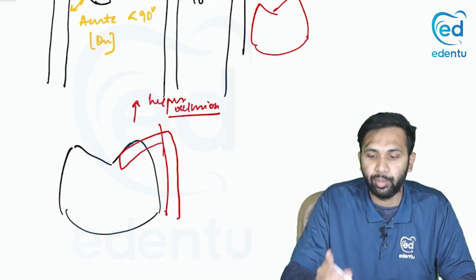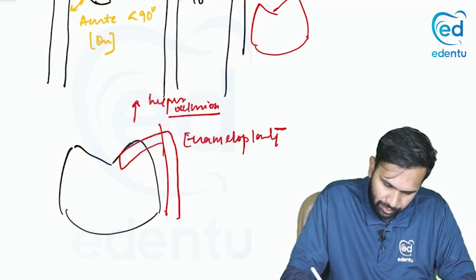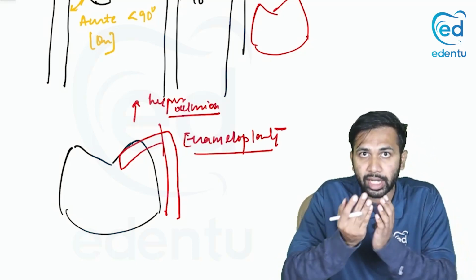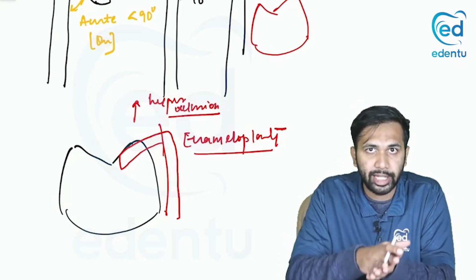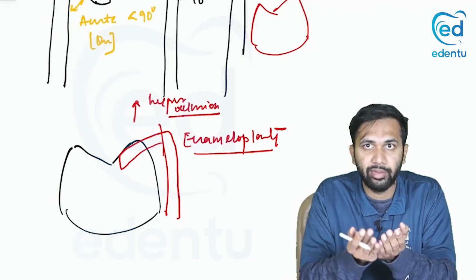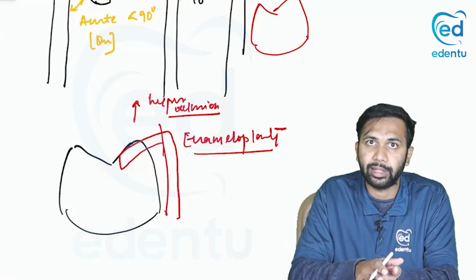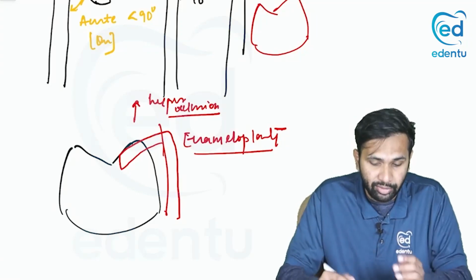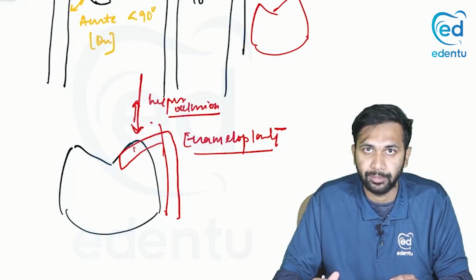You do an enameloplasty. You remove the enamel and prepare a space for the rest. It's like you're doing a class 1 cavity, preparing a space for the amalgam. You do a cavity preparation, something of that kind, saucer shaped with rounded angles, a triangular shape. You make a space so that the rest can go and occupy it. It should not be high. If it is high, again, it will be subjected to occlusal forces and it will fracture off.